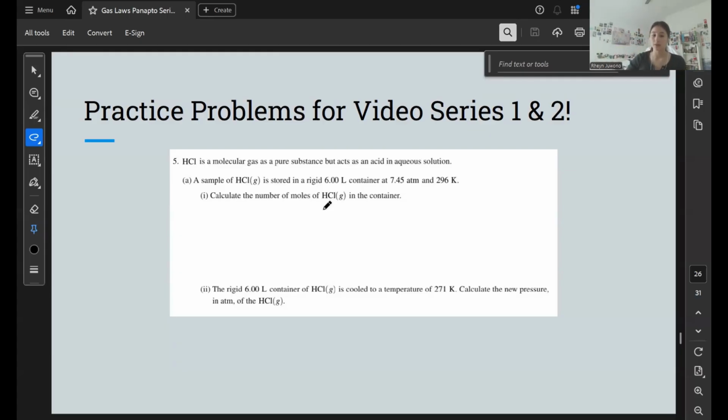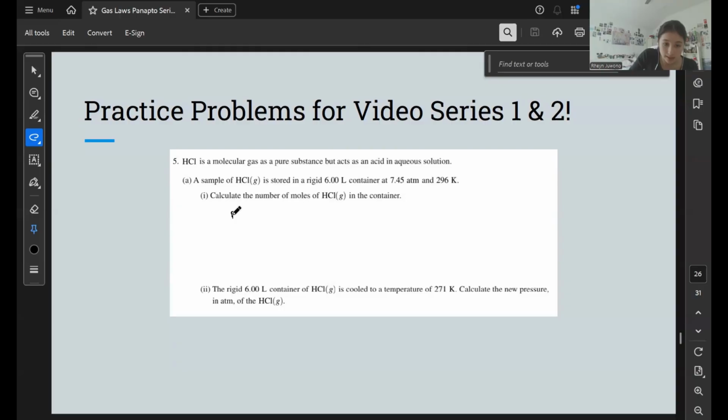So here we are given a ton of other values and we're trying to calculate a specific value and we're not looking at a change. So we know that we're using the ideal gas law. The other point that I want to address is how to approach this problem for the AP exam specifically. You want to make sure that you write out some version of the formula.